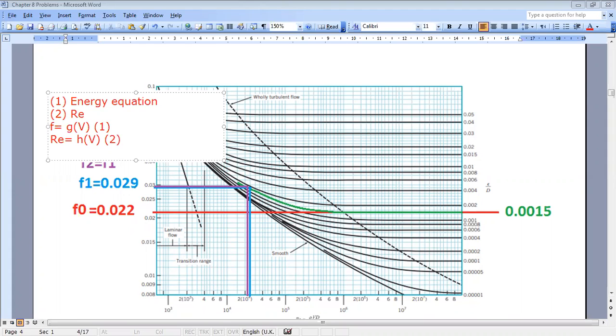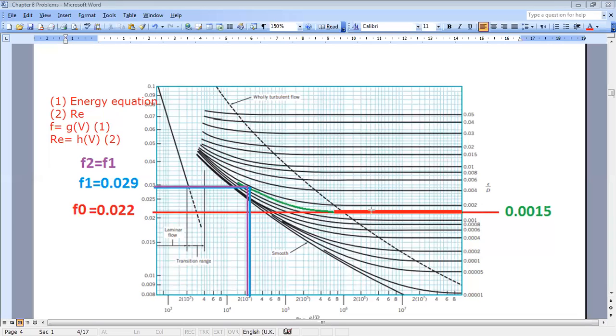Since I don't have two inputs, I have only one, I should start by doing a certain assumption. How to do this assumption? I look at my graph. I can see that for the epsilon over d value, I have nearly a flat curve for high Reynolds numbers. So for a high interval of Reynolds numbers, I have nearly a flat curve.